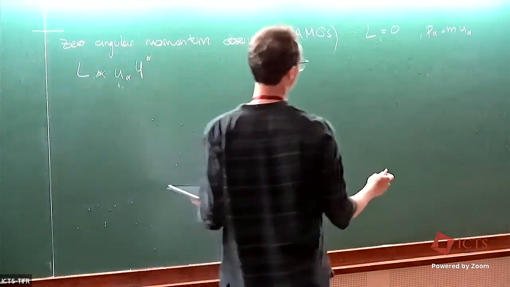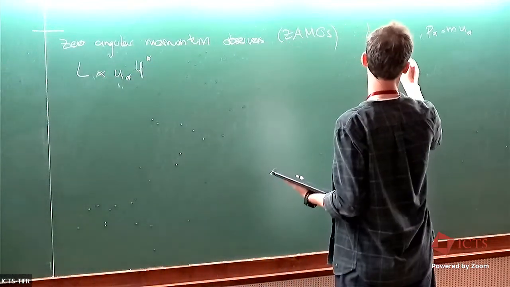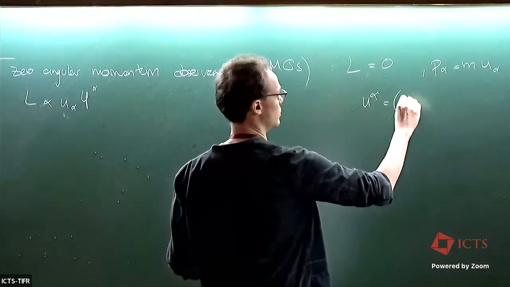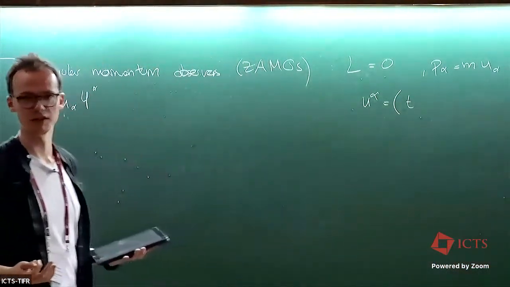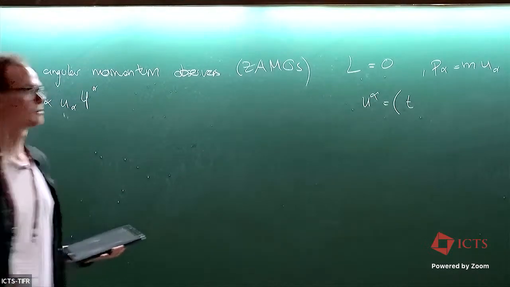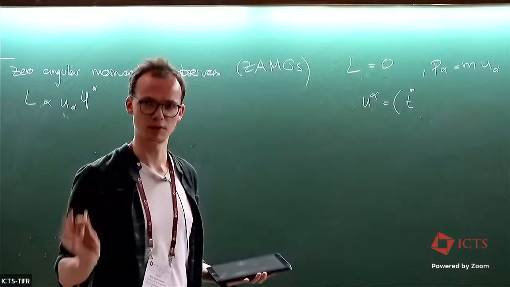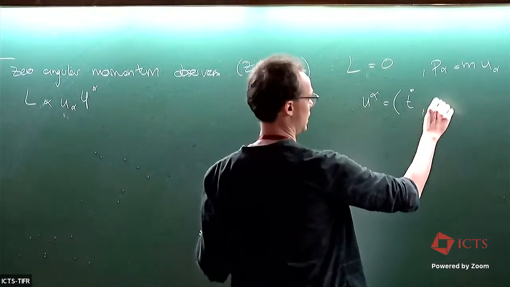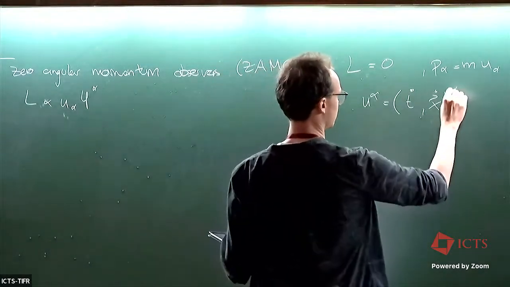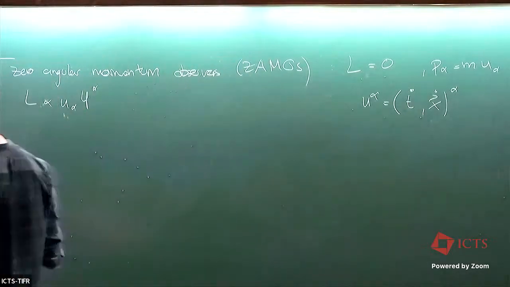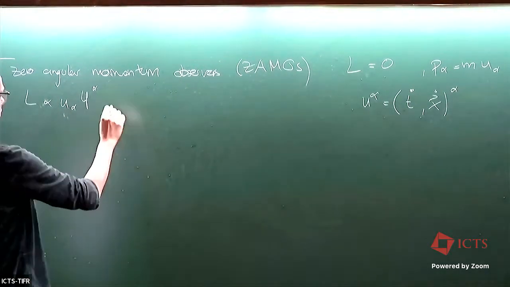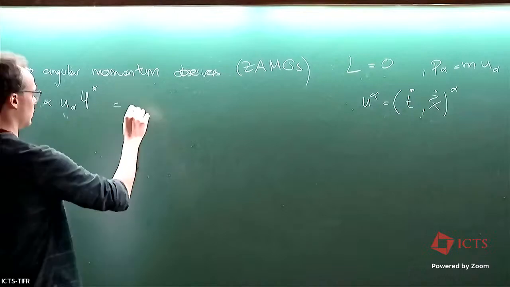And what is u? Basically, you introduce some way of parameterizing your geodesic, and let me just write this as a dot. We don't care what the parameterization is. And then you have the spatial components. So writing this out gives you the following.